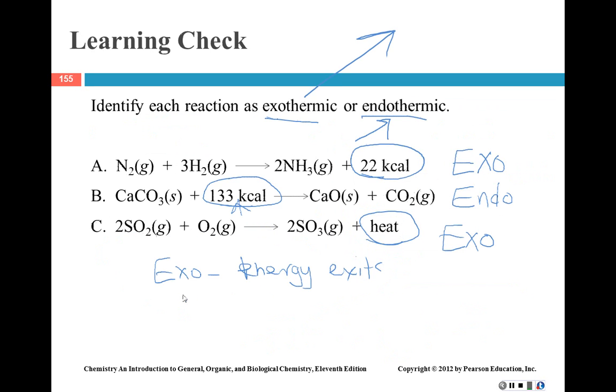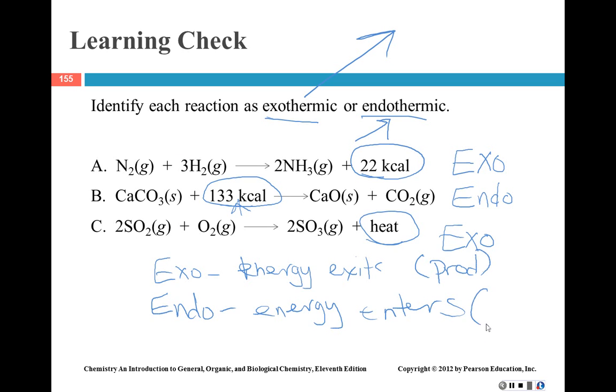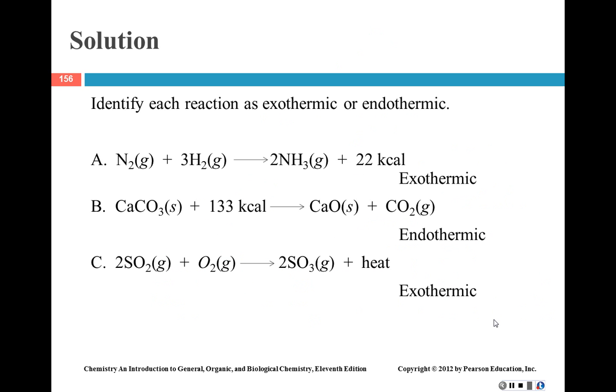In endo, energy enters. So it exits, so it's a product. It enters, so it's a reactant. And we got those right.